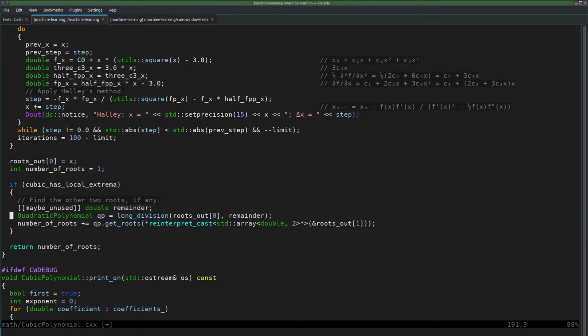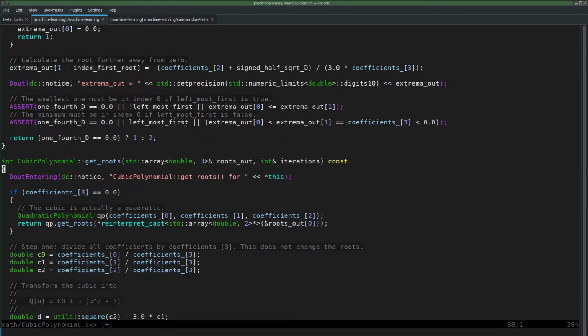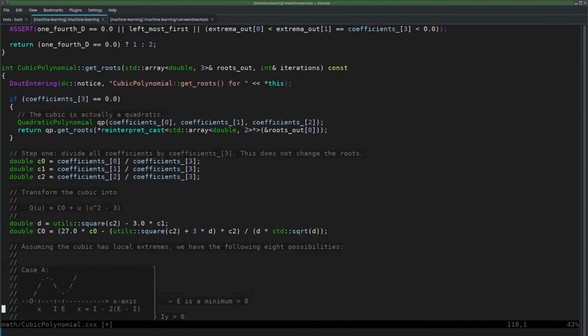Long division, the remainder, that's just of the current thing, which should work. Number of roots. Okay, I think I can leave that. Just this x here has to be converted back to where it came from, which depends on the transform that I did.